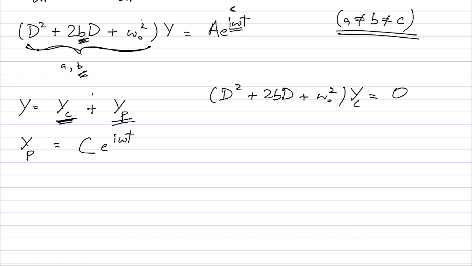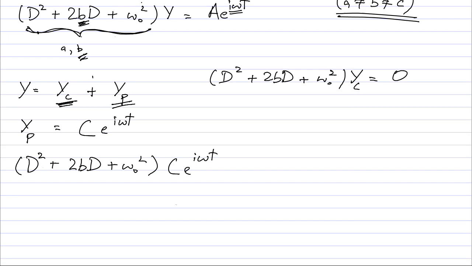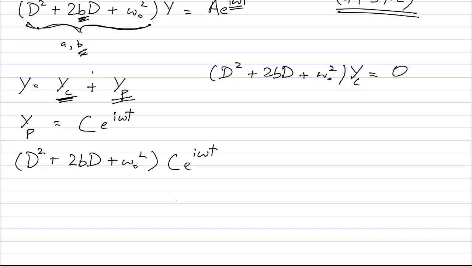Okay, so I have over here D squared plus 2bD plus omega naught squared, acting on C e raised to power i omega t. Right, and let's just work out what this gives you.